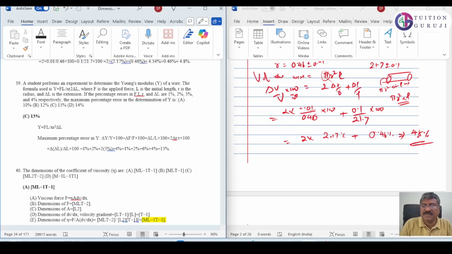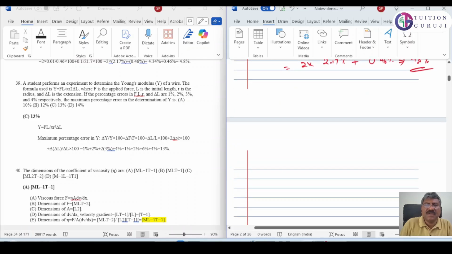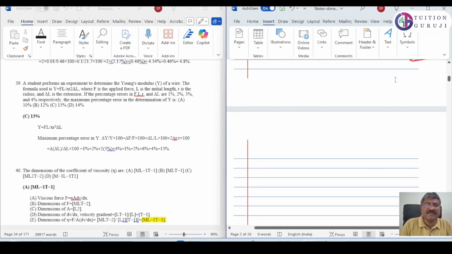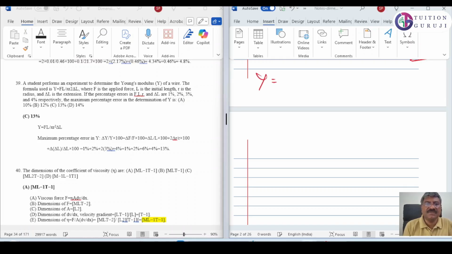A student performs an experiment to determine the Young's modulus Y. What is the formula for Young's modulus? Y is equal to F into L divided by pi R squared delta L. Okay, this is a small change.